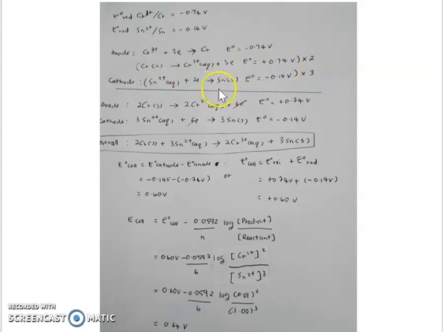For the cathode, there is no need to do anything, because the cathode undergoes reduction and the value you get from the question is for reduction already. Next step, to get the overall cell reaction, we need to make the number of electrons the same. For the anode we have 3 electrons, but for the cathode we have 2 electrons.